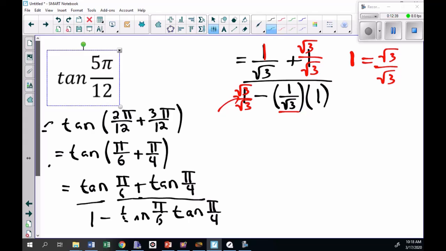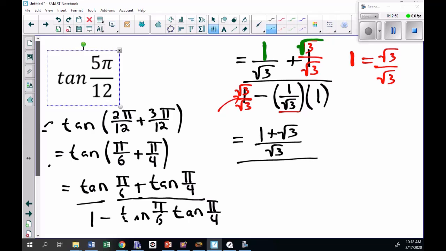So this is definitely a tougher question. So I have 1 plus square root of 3 all over square root of 3. Now that's just my numerator. All I've done, I'll do this in a different color, again, is added this 1 plus the square root.